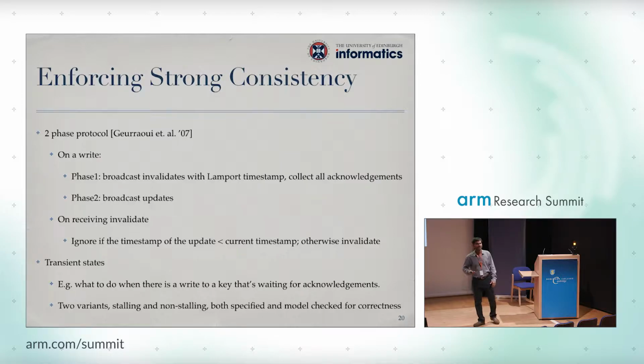These are tricky corner cases. So we considered two variants of this protocol, which in the architecture world are called stalling and non-stalling variants. We specified those two variants completely and model checked them for safety, which is guaranteeing the consistency model.